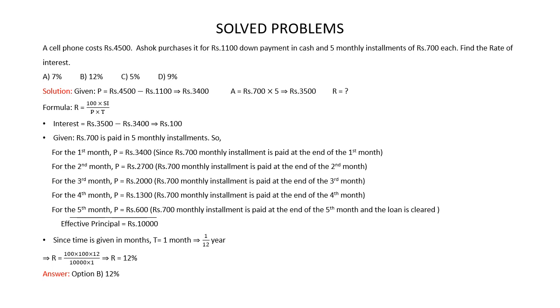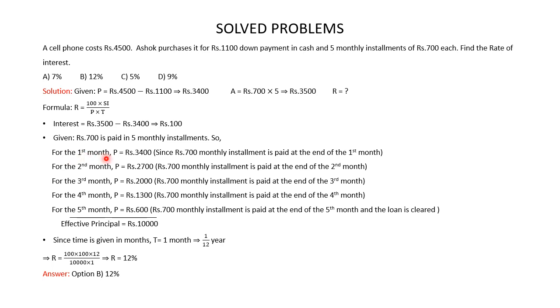Now let's look at the principal. Now it's given that rupees 700 is paid in 5 monthly installments. This means rupees 700 each is paid at the end of each month for 5 months. Now we know that the principal is rupees 3,400 and it's given that rupees 700 is paid at the end of the first month.